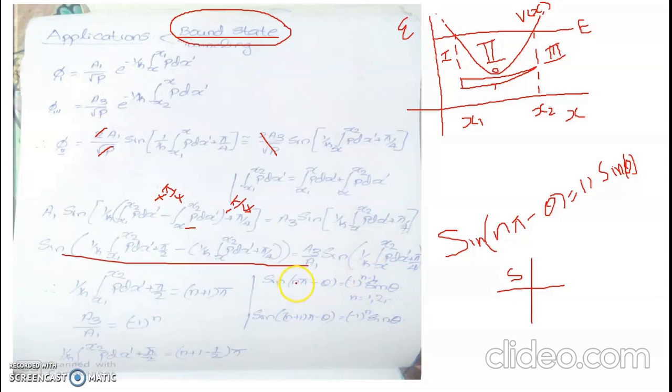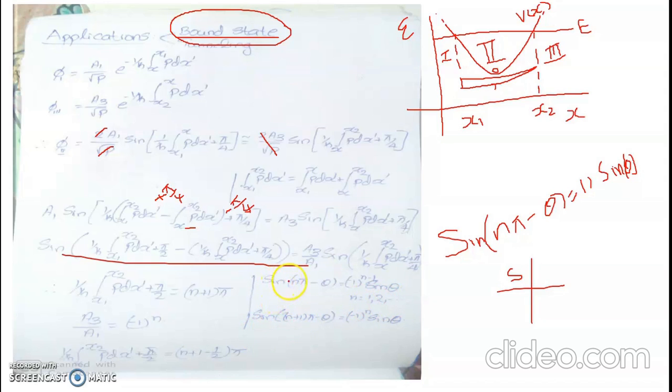When n is equal to 0, here also this is satisfied. When n equals 0, this is sin minus theta, that's equal to minus 1 raised to 0 minus 1, that is minus 1. Minus 1 raised to minus 1 is minus sin theta. But I'll be writing it more conveniently starting from n equal to 0 if I put this as n plus 1.